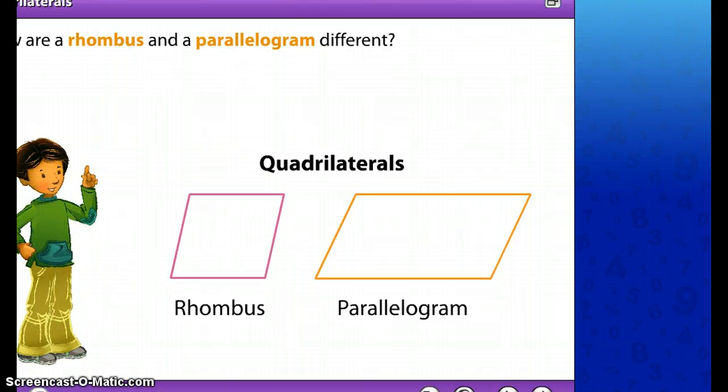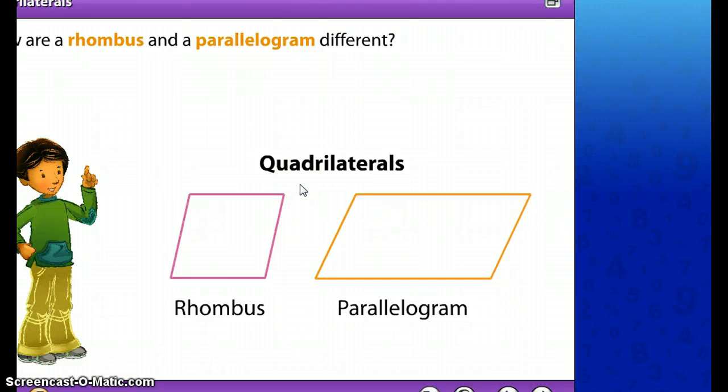How are a rhombus and a parallelogram different? Anybody know? How are they different, Corey? He said that all angles are the same. Well, all sides are the same length. Okay. Well, in a rhombus, he just said all sides are the same length.